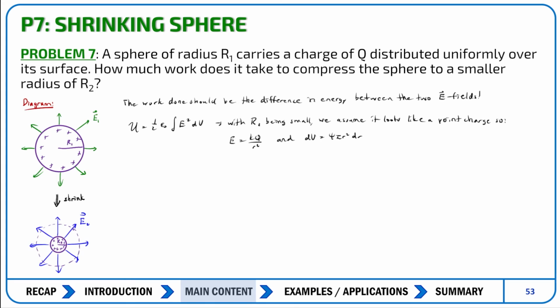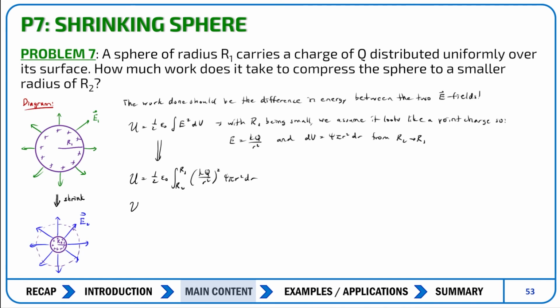So to find U, all we have to do is integrate from R2 to R1. U is equal to 1/2 epsilon naught times the integral from R2 to R1 of (KQ over R squared) squared times 4 pi R squared dr.